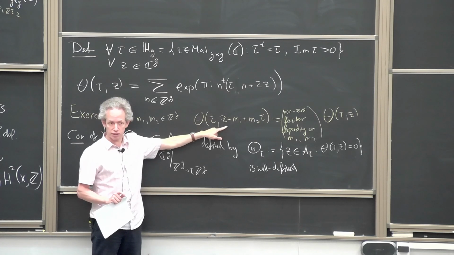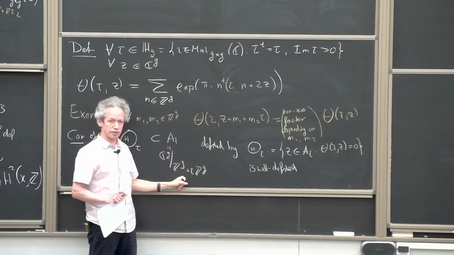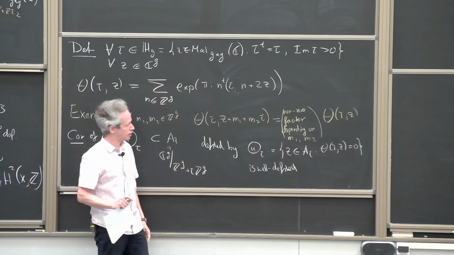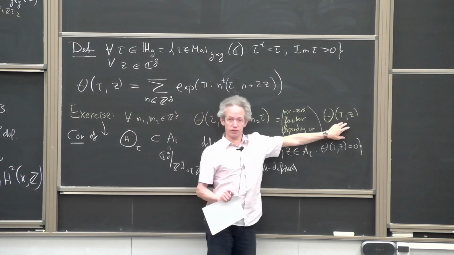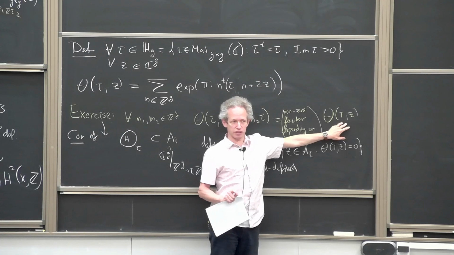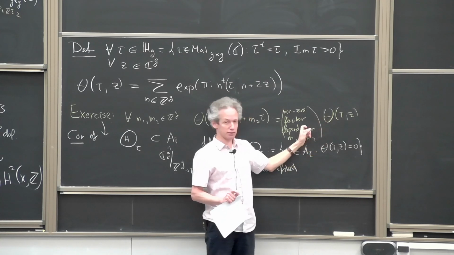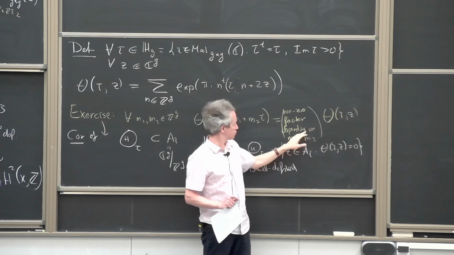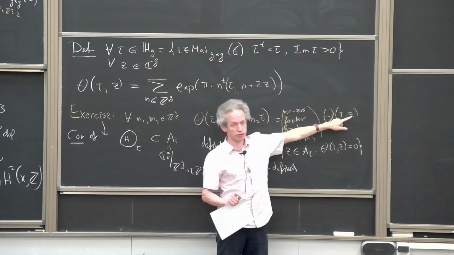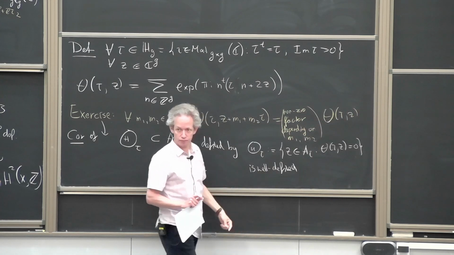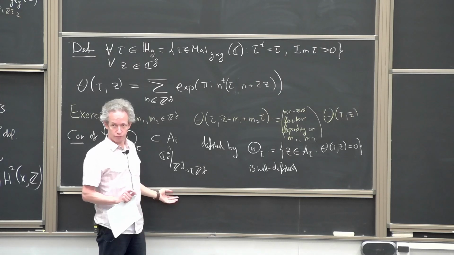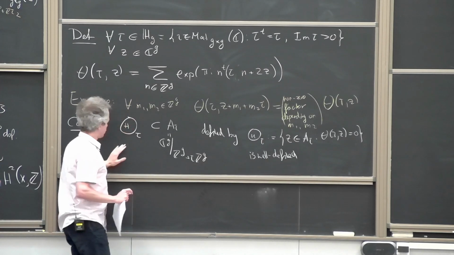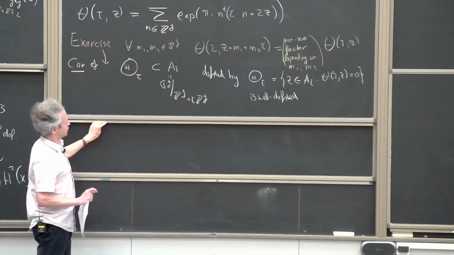It says that if I add an element in this lattice to z, whether this is 0 is the same as whether this is 0. The zero locus is independent. It doesn't mean that the function is the same. It just means that I've multiplied by a constant. Constant means this non-zero factor does not depend on z in particular. Okay? So this is called the theta divisor.